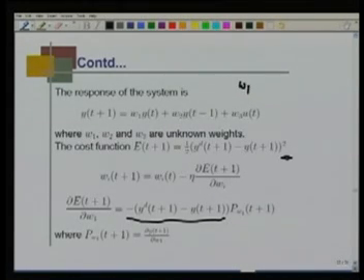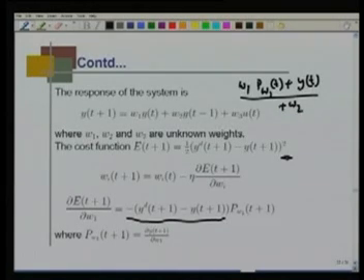So, W1 into, if I define this as simply p_W1(t), plus, here also if I differentiate W1, I simply have y(t). So, if I differentiate this with respect to W1, I get first y(t) and then W1 into ∂y(t)/∂W1, which is this one.